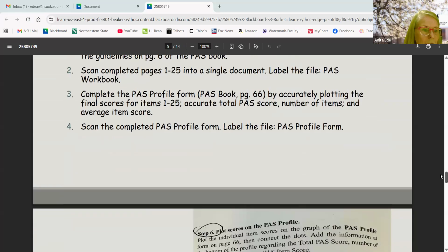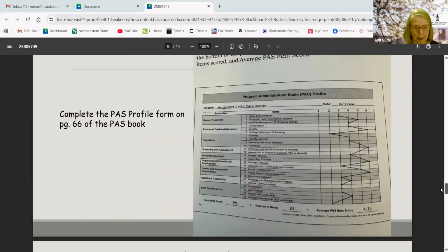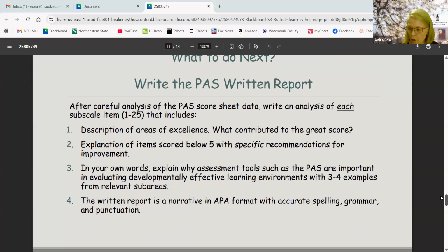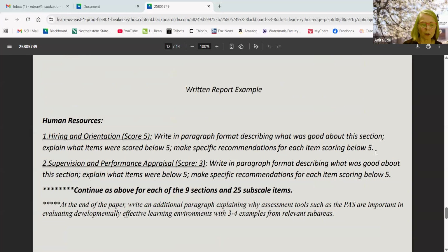And your report is going to be pretty lengthy. You're going to start out and tell me what the center was, the name of the center. For instance, the human resources section, which I believe was number 1, if I'm not mistaken.